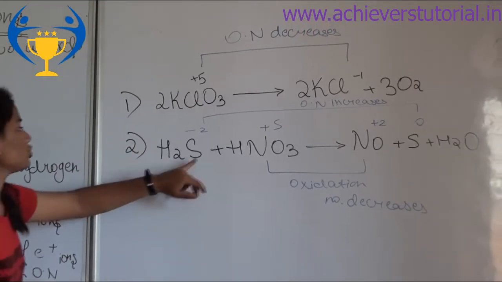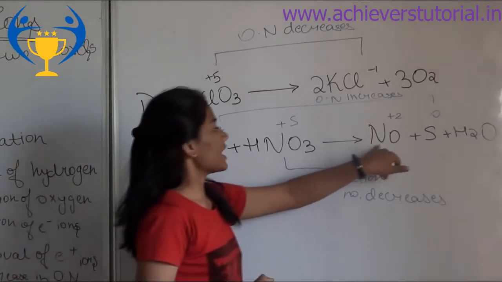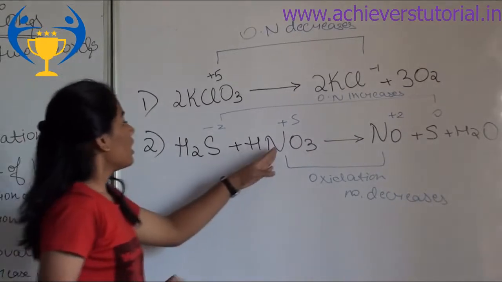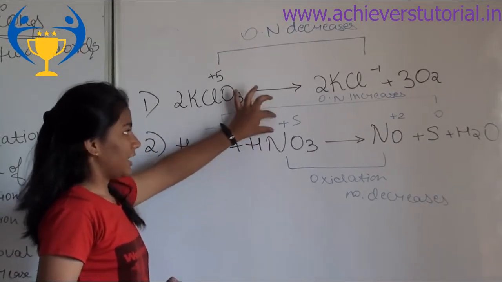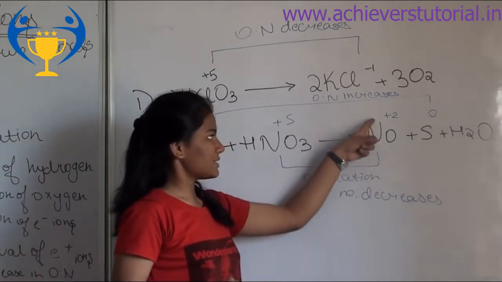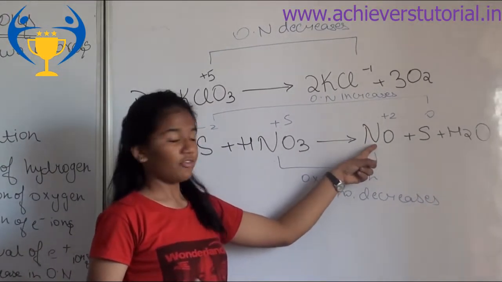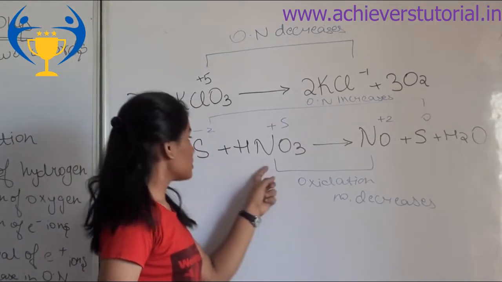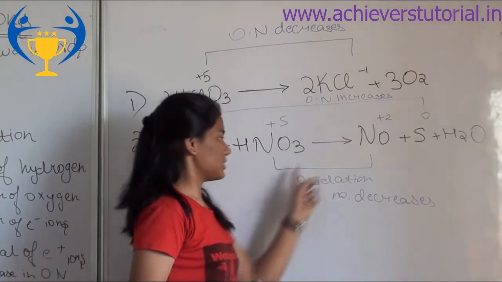For example, H2S plus HNO3 gives NO plus S plus H2O. Here, the oxidation number of N is +5, but on the product side, the oxidation number of N is +2. So the oxidation number is decreased. So here, the reduction process is done.